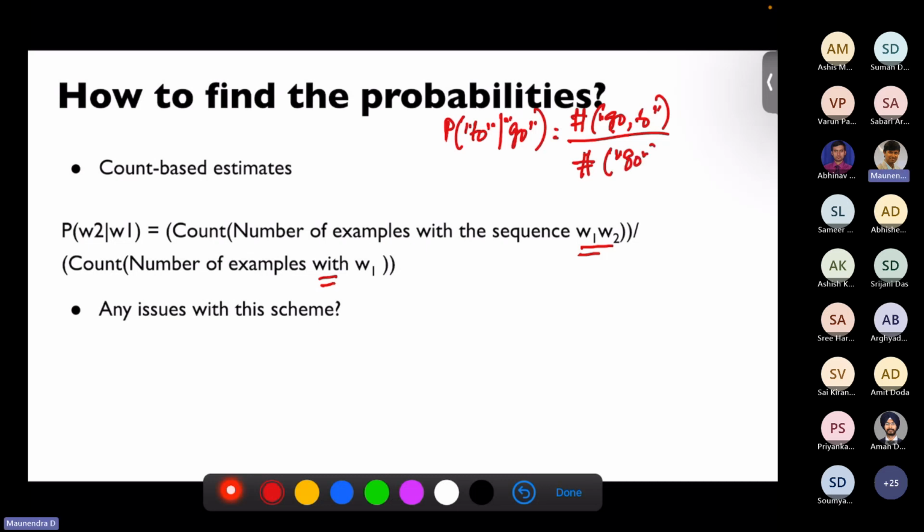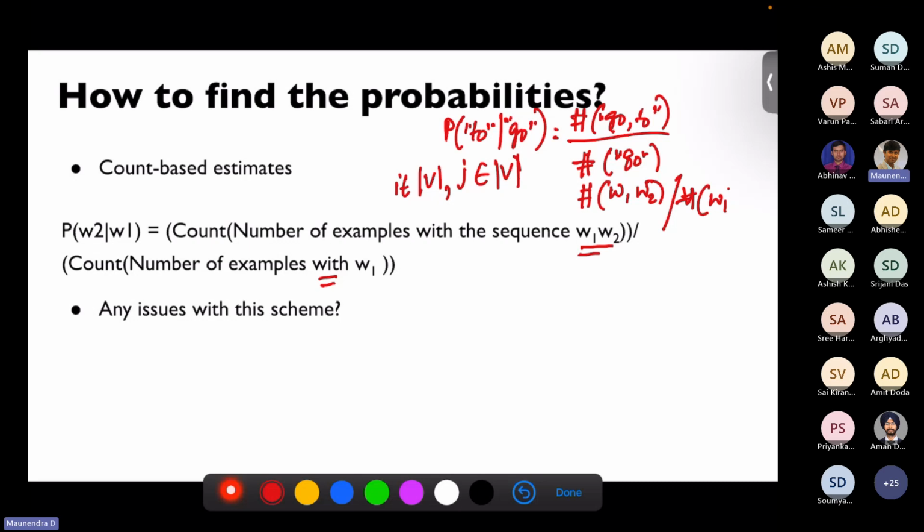We should be able to do this for all pairs, for all i and j in the vocabulary. So count of W1 W2 divided by count of W1.